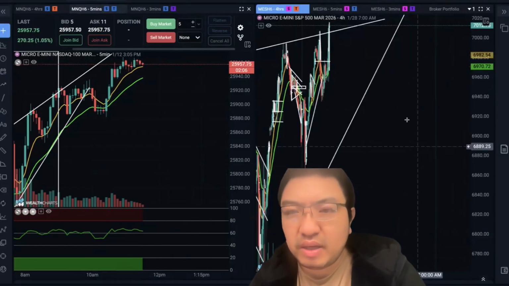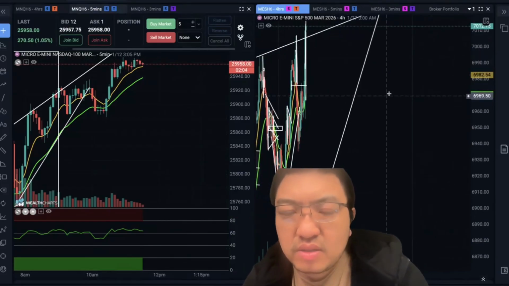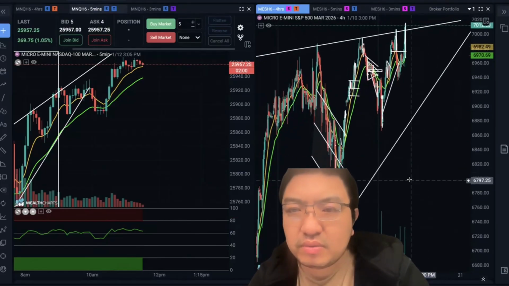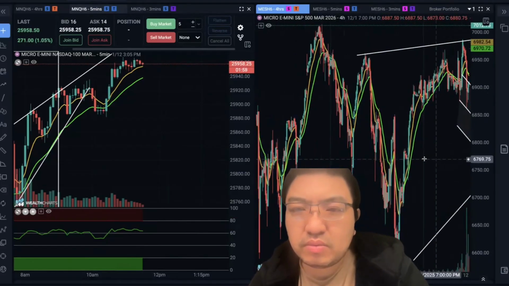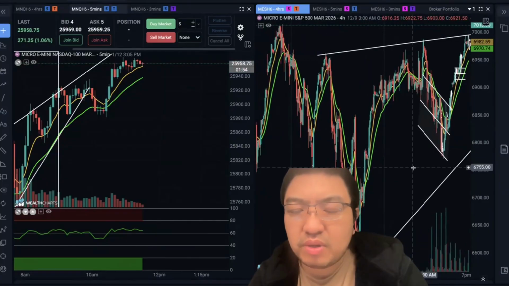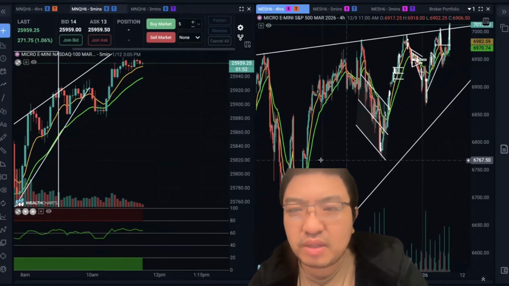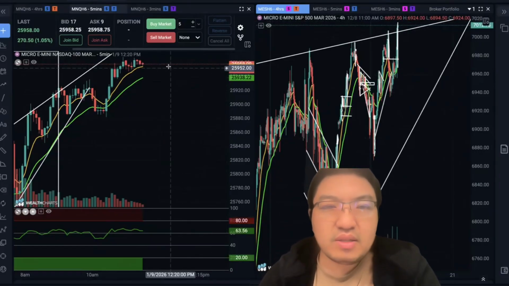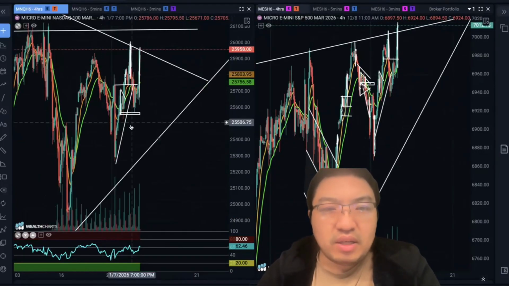If it does not break, then it's not worth trading. What about ES? Oh, ES already arrived here. At this previous support, now resistance, and it already exceeds a little bit. What about NQ?